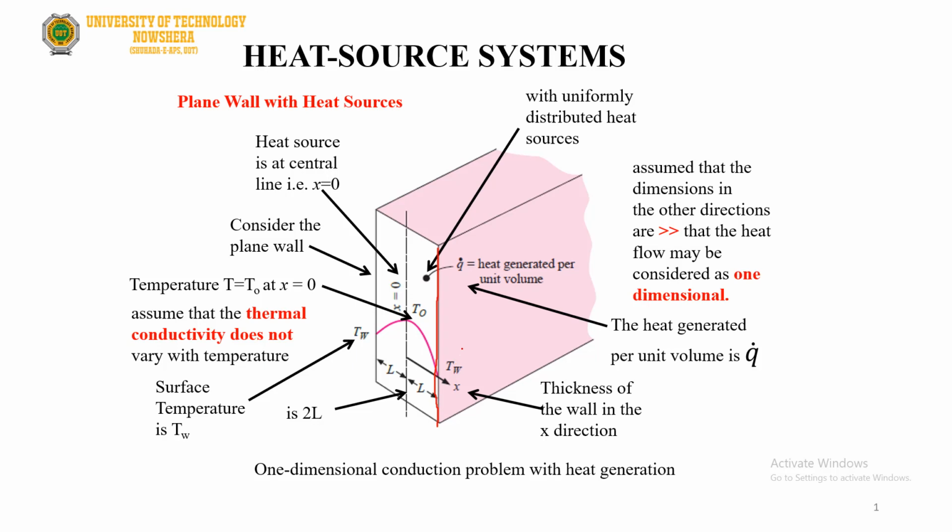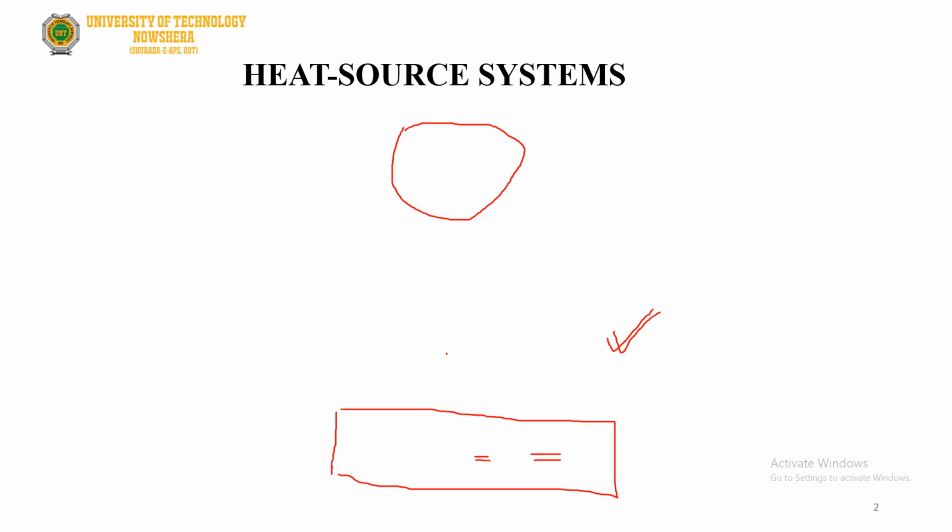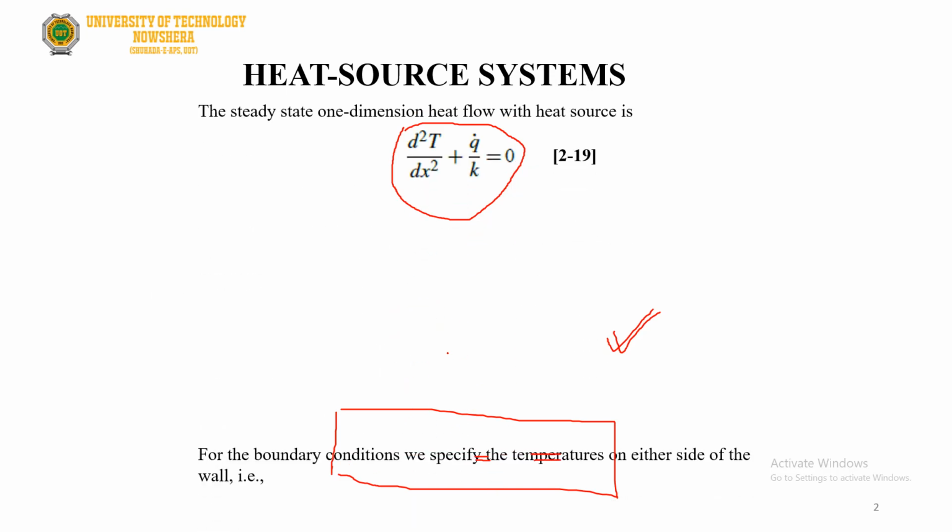So if there is any outside fluid to which the wall is exposed, then the heat conducted is equal to the heat convected to the outside fluid. So I expect you guys to establish the equation for that.